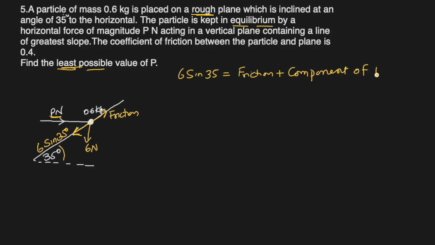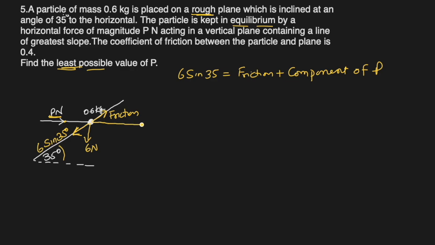Why did I write component of P, not P? Because P is in the horizontal direction, whereas this motion is in this inclined direction. So we can't use P. We have to use its component. And how do I find the component? We never find a component from the head of the force.